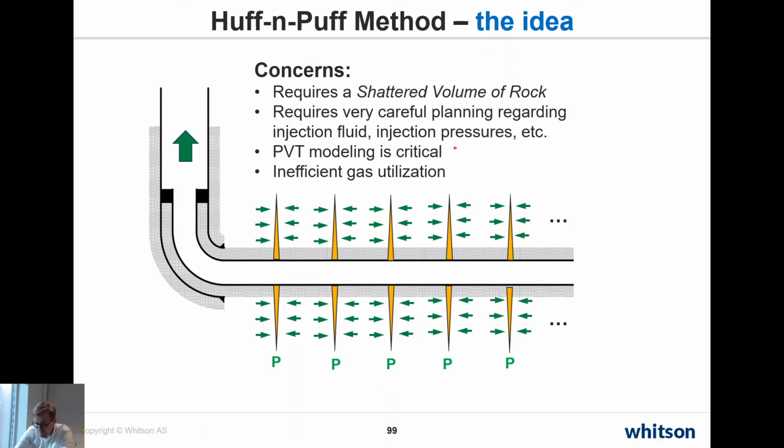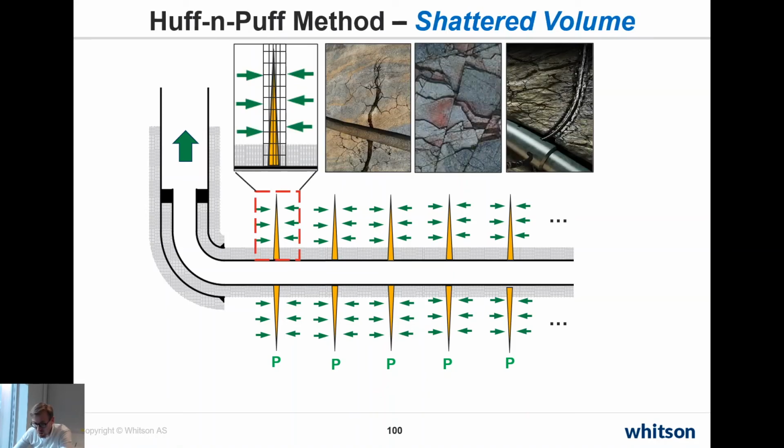So that's absolutely critical. And for those that have maybe been exposed to conventional gas EOR floods, it can seem like a very inefficient utilization of gas, where we essentially just pressure up a reservoir and then we actually depressurize it, and we don't try to keep it at a high pressure.